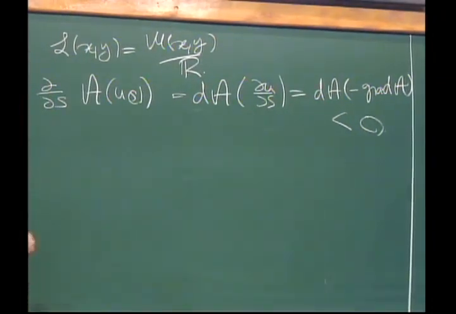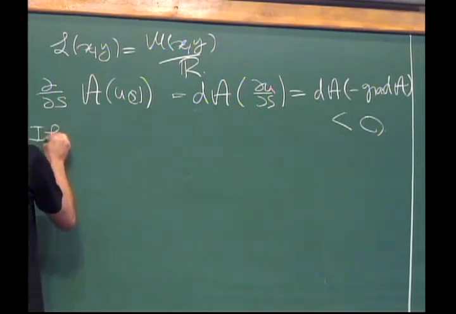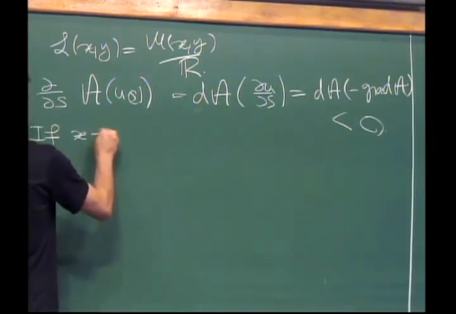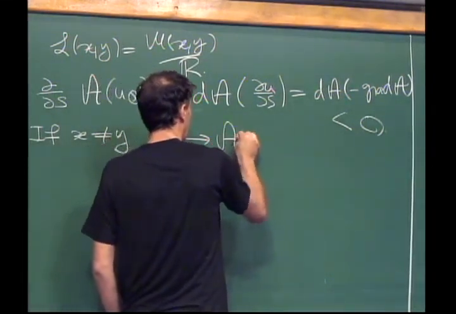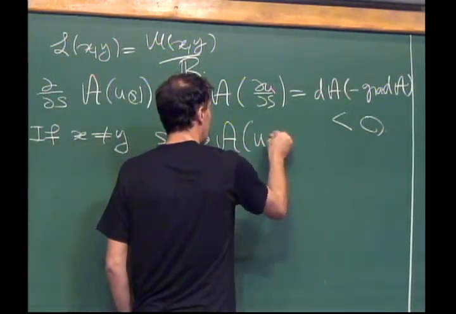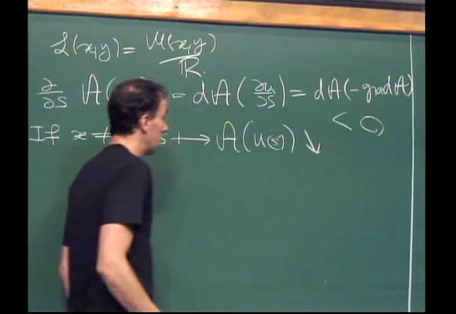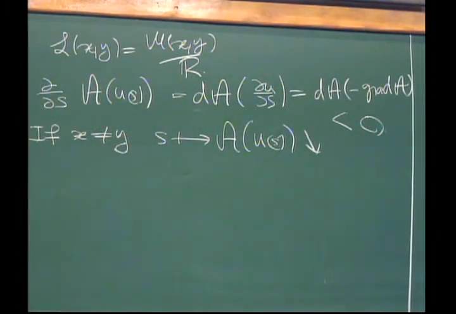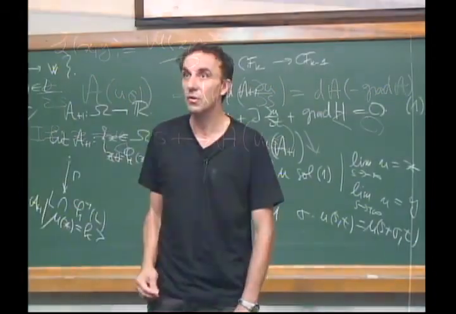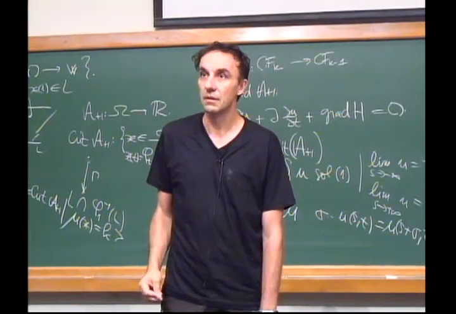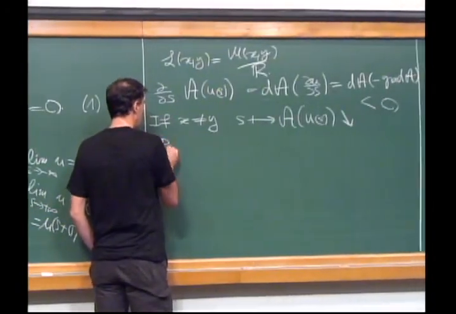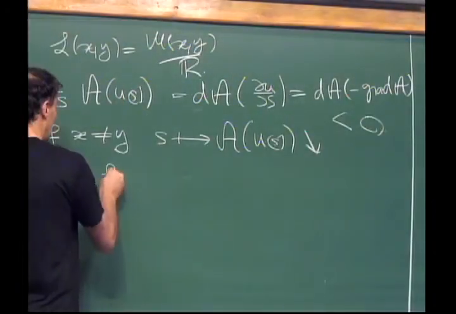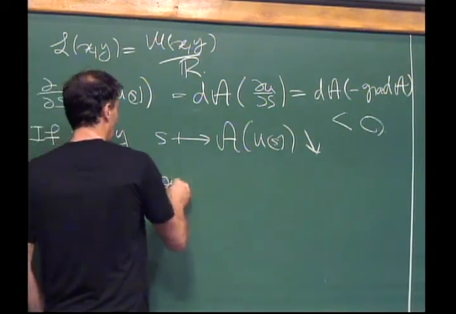So actually, if x is different from y, then this function is strictly decreasing along this trajectory, which is the case in Morse theory also, right? And in particular, R acts freely on M.